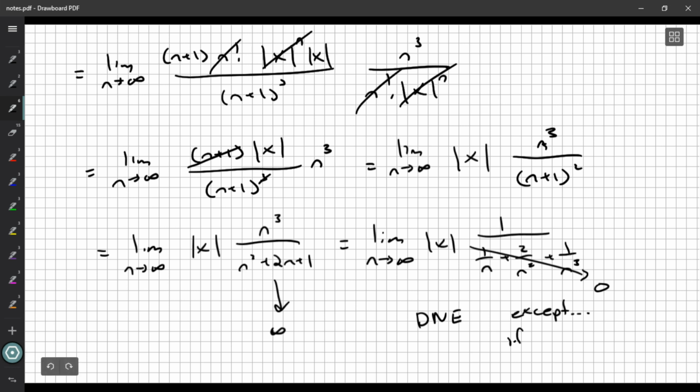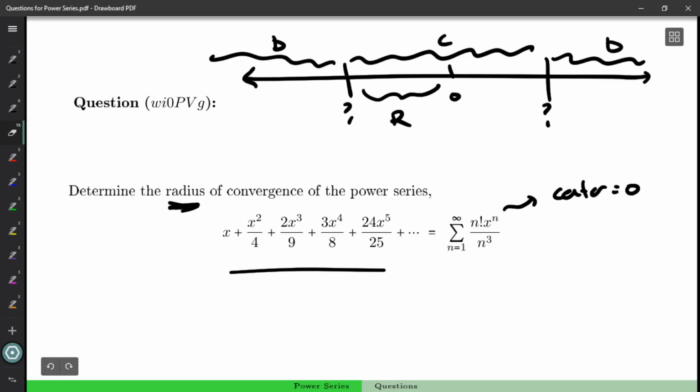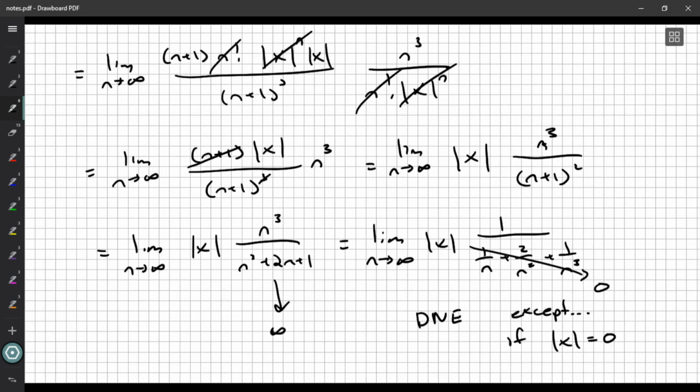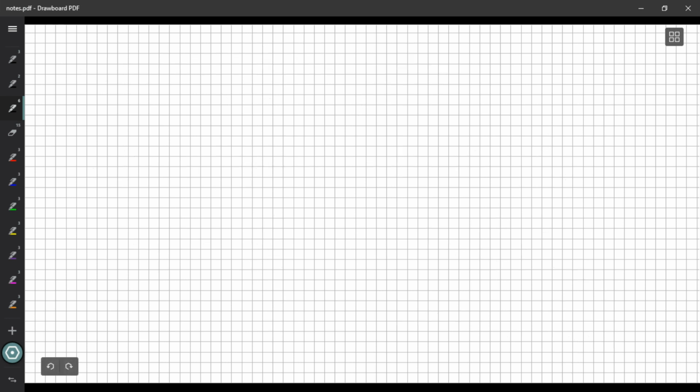But if the absolute value of x is 0, then none of this matters because you're just doing the limit of 0. And this tracks because we know that power series always converge at their center. But other than the situation where the absolute value of x is 0, which corresponds to x being equal to 0, this will not exist.